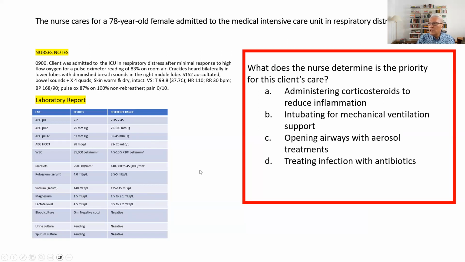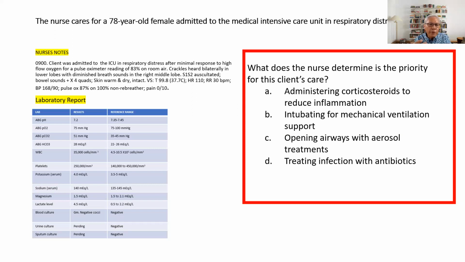What does the nurse determine is the priority for this client's care? I'd like to see what your answer is. Okay, so remember, infection versus airway.